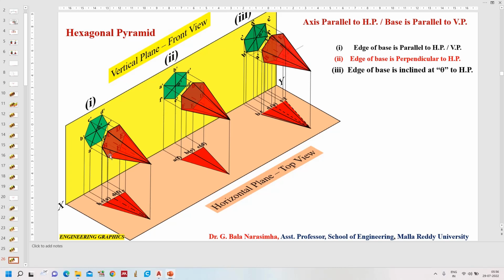So I am copying this one and tilting at an angle based on the requirement. When you tilt, the B, C, D, E are clearly visible, as well as A and F are invisible. So that's why marked with the dashed line.